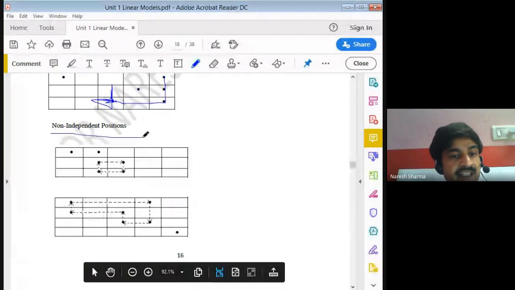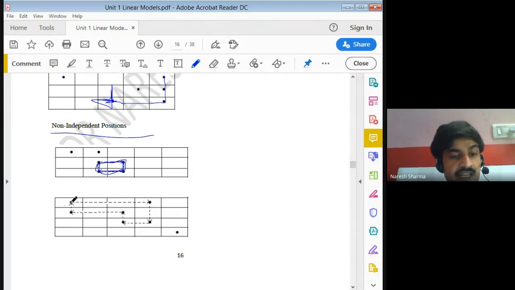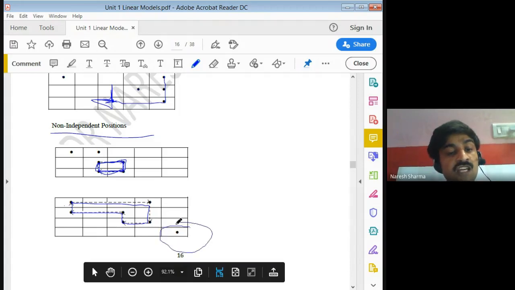For a non-independent position, if you draw right, down, left, up, this is a closed circuit. Similarly in this example also, you go right, down, left, up, left, up. So this is again a closed circuit. It is not necessary to touch all the allocations.